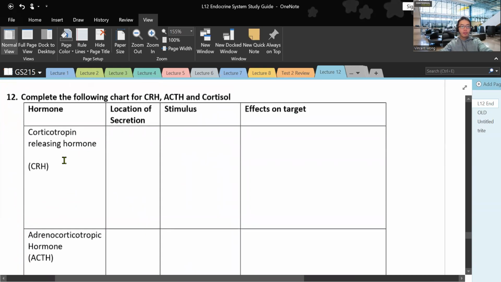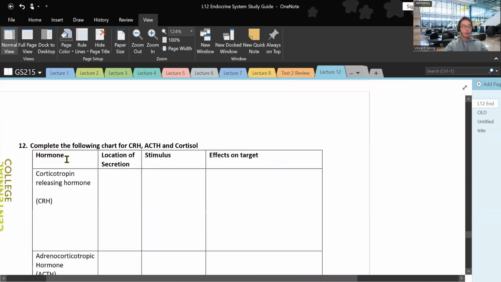Complete the following chart for CRH, ACTH, and cortisol. Very similar situation here. We have the corticotropin releasing hormone. Because it's a releasing hormone, I know it is from hypothalamus.